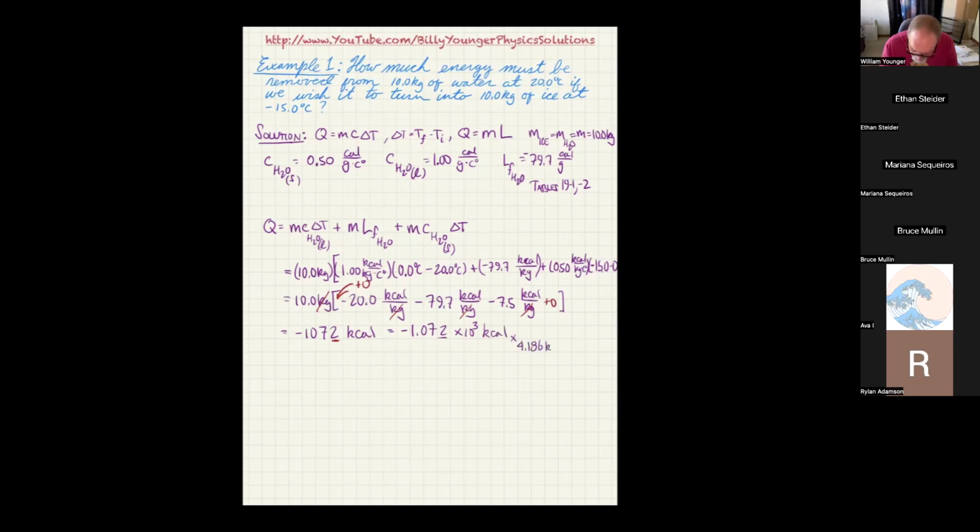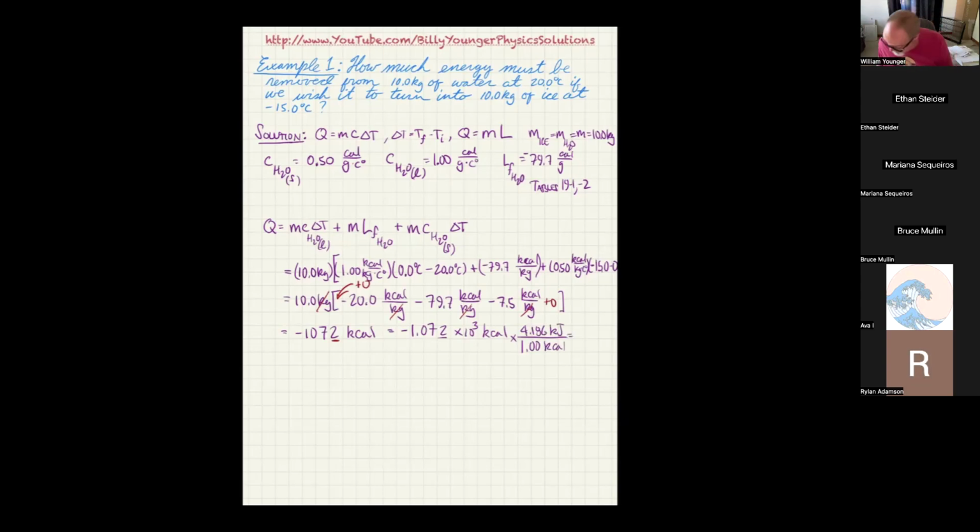And then of course I can say that 4.186 kilojoule, oops, I don't want to put it down there, sorry. I can say that 1.00 kilocalories is equal to 4.186 kilojoules.